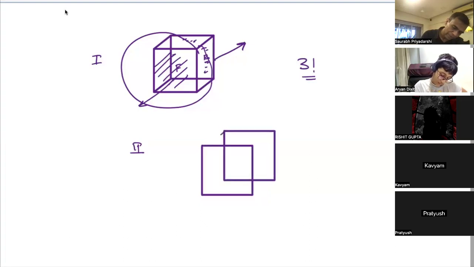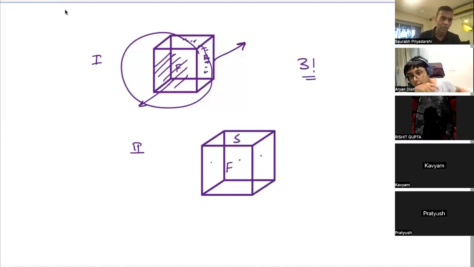In the consecutive sides, we have all 4 different, first and second, then 1, 2, 3, 4 colors with factorial 4 ways. So add both. I guess you can go with the easiest format of this.